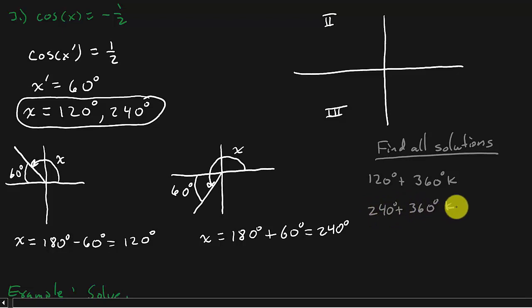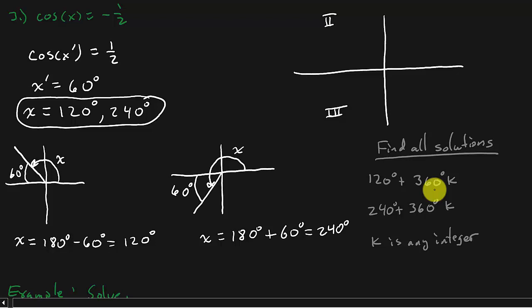All right? Remember, sine and cosine are periodic functions. They have a period of 2 pi. It repeats every 2 pi. And so there you go. K is any integer. So if k is 0, then there's your 120. If k is 1, what's 120 plus 360?